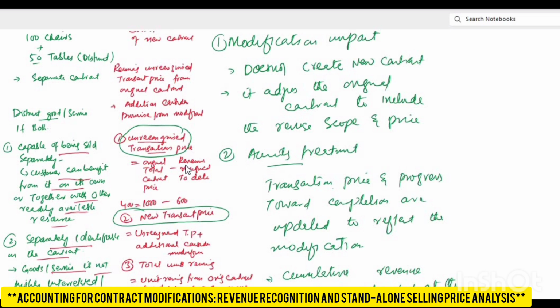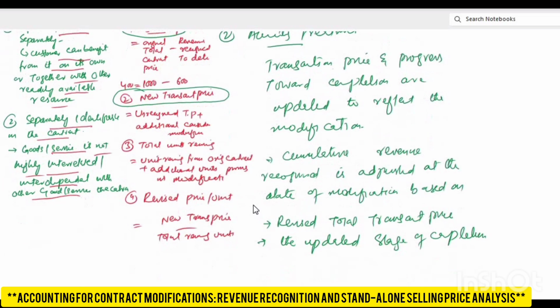The transaction price for this new contract will be the total unrecognized transaction price plus the additional consideration. Now the unrecognized transaction price is calculated as the original total contract price less the revenue recognized to the date of modification.